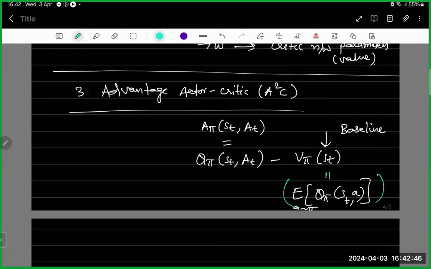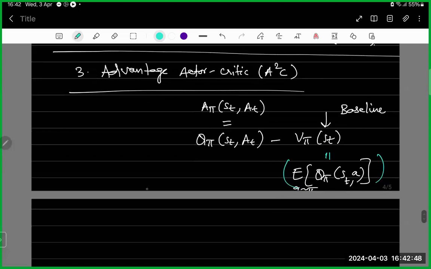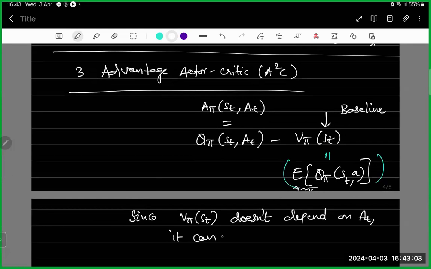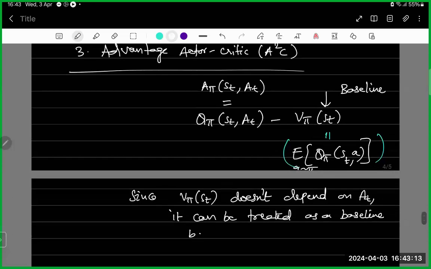And since V pi of S_T doesn't depend on A_T, the update rule is essentially this.